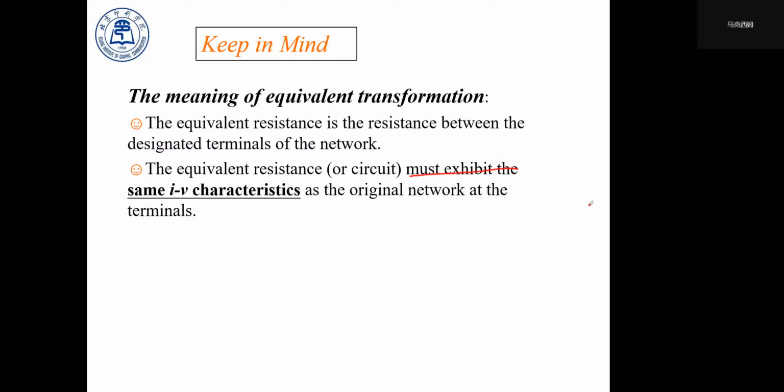So we have to make sure that before and after the replacement, the network's current and voltage relationship will not be altered. So there will be the same IV characteristic curve before and after the replacement.